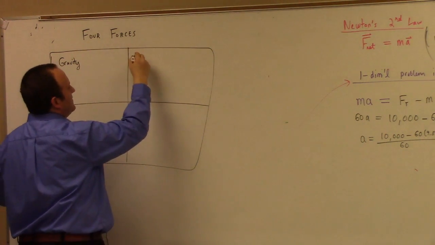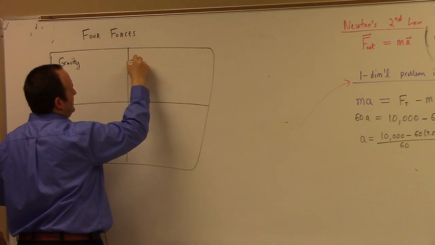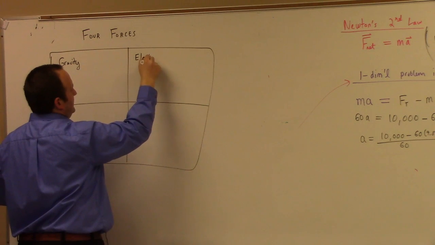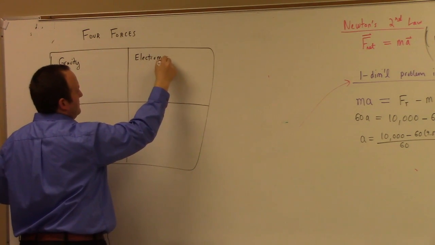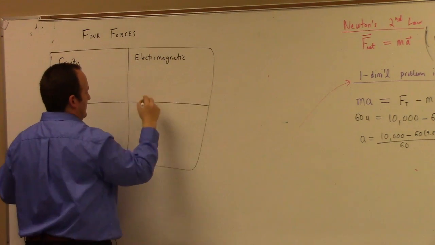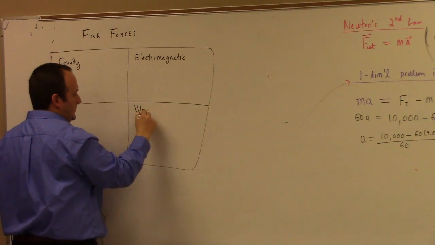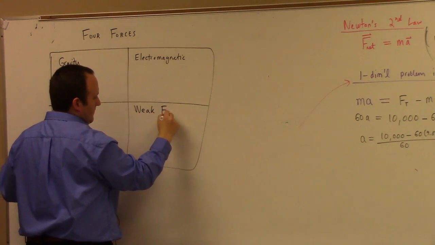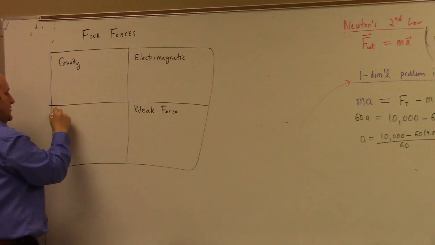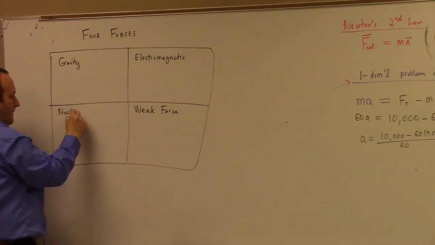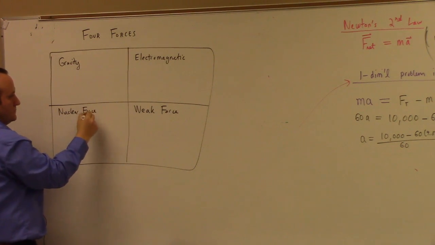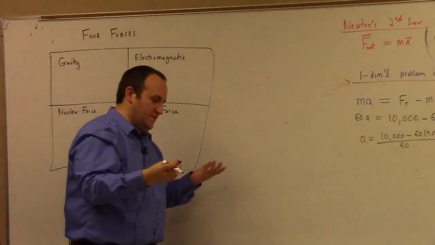You have, let's see here, electricity. So electromagnetic, we could say. And then down here we've got the, let's say, the weak force. And then over here we have the nuclear force. So these are the four forces.